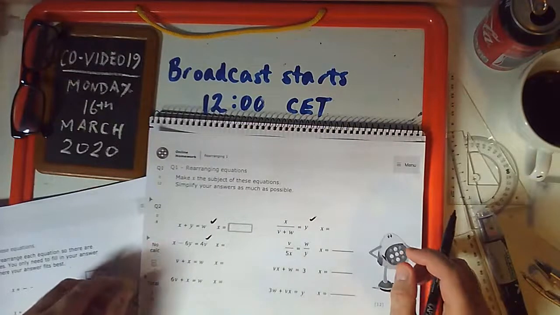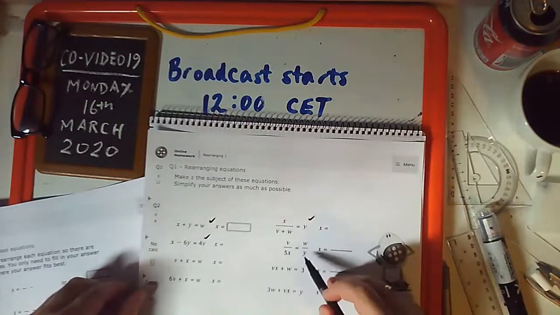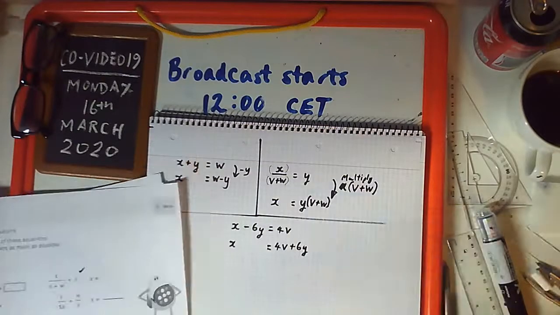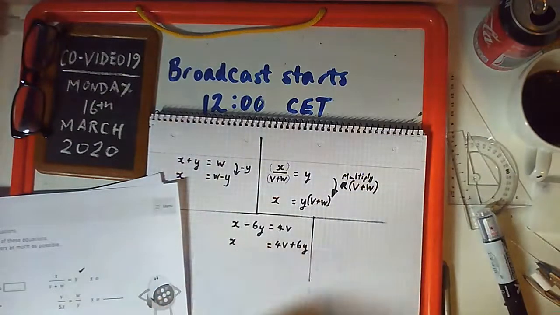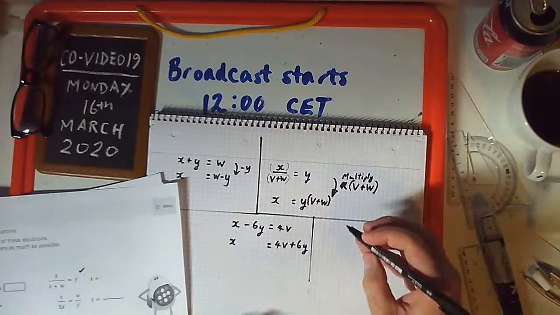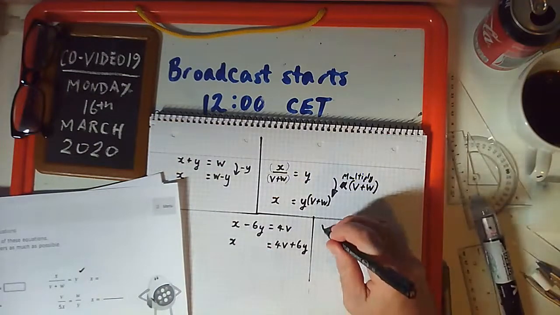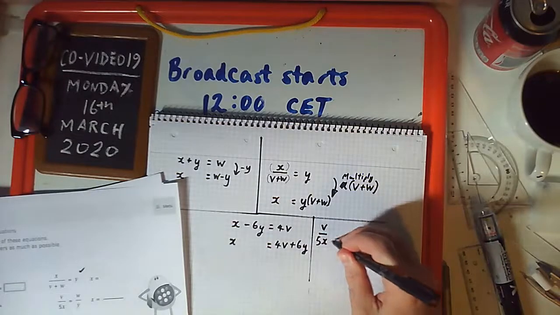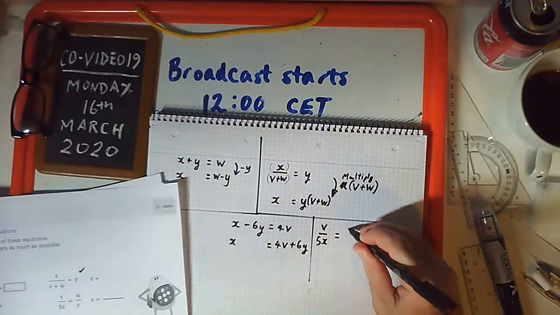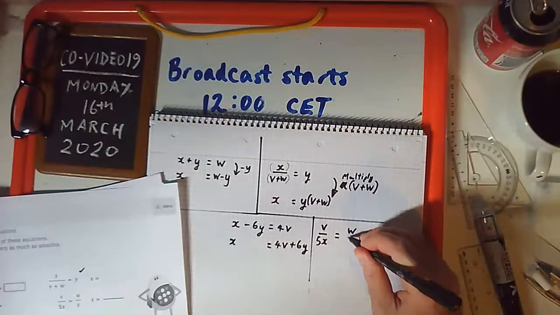Let's have a look at this one with all the fractions, which looks pretty horrible. That one says v over 5x equals w over y.